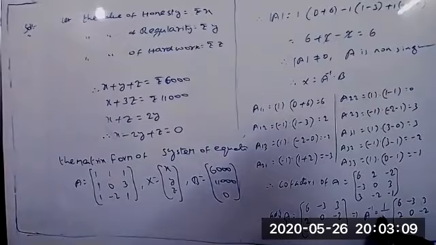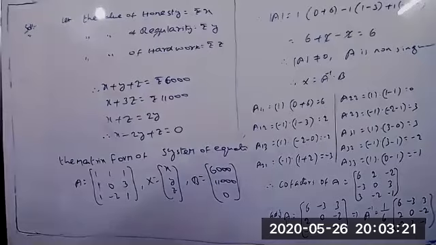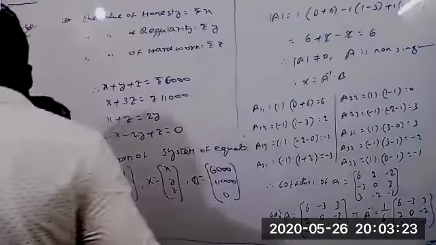So this is the 1 by 6 into the same matrix. So minus 2, 3 and minus 1. Now you can substitute in there.